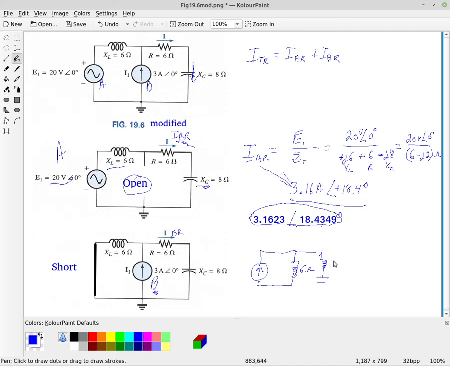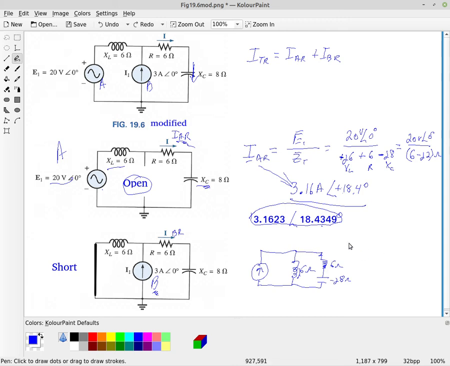So that's 6 ohms and a minus j8 ohms for the cap, and there's a j with the inductor. So now we have a parallel piece of circuit here.